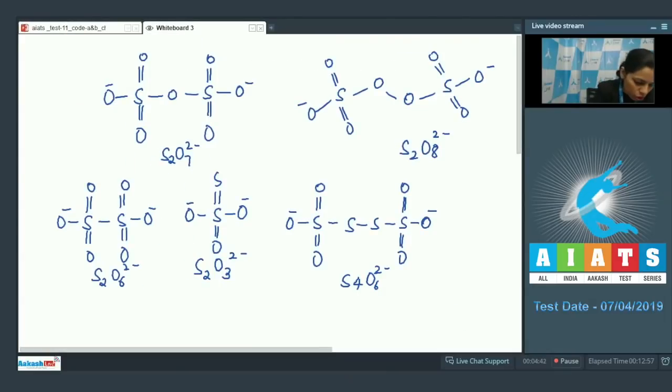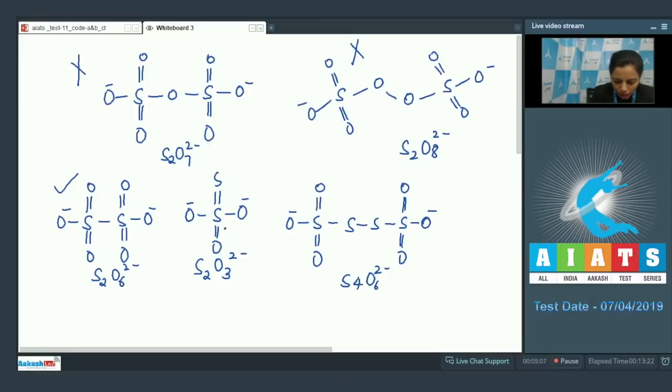For that, I have the structures of all these species given here. Just have a look at that. In S2O7 2 negative, there is no direct sulfur-sulfur linkage. It means this does not contain S-S linkage. Further, in S2O8 2 negative also there is no sulfur-sulfur linkage. Further, in the third ion S2O6 2 negative, there is a sulfur-sulfur linkage.